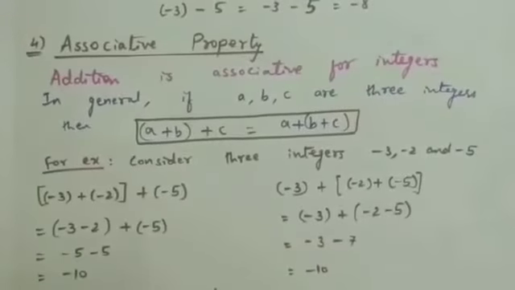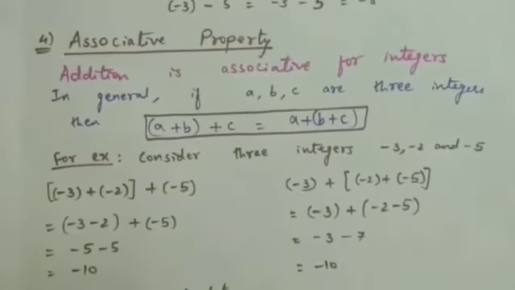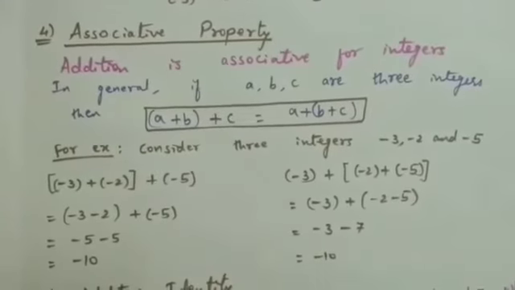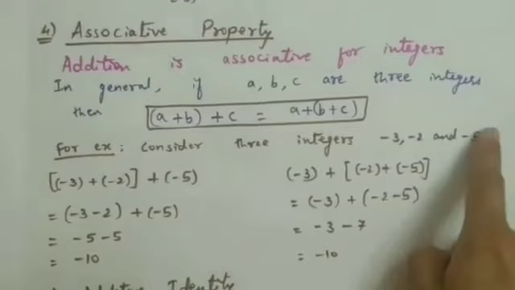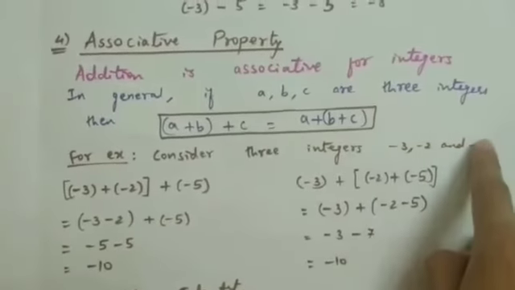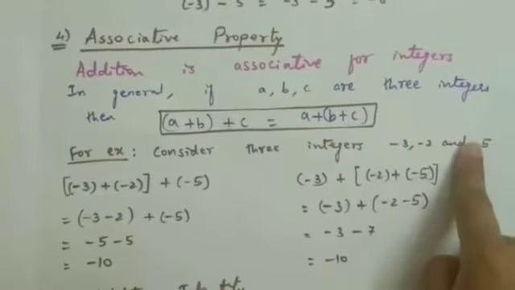Okay, so now the fourth property, associative property. Let's take one example, considering three integers minus 3, minus 2 and minus 5. In this, we have to add these three integers in two different cases.